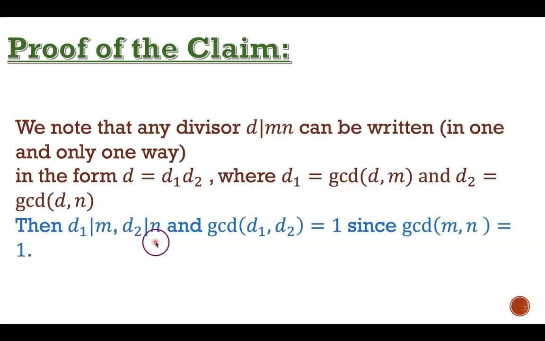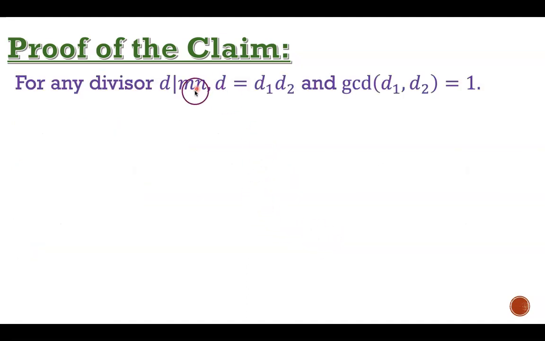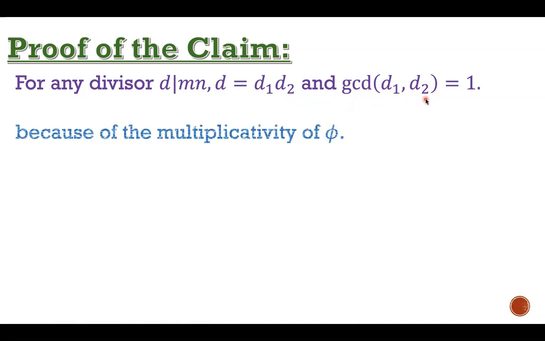Similarly, d2 will divide n. And since the GCD of m and n is equal to 1, d1 and d2 will also be relatively prime. That is, GCD of d1 and d2 will be equal to 1. Thus, we have seen that any divisor of mn can be expressed as d1 into d2, where GCD of d1 and d2 is equal to 1.